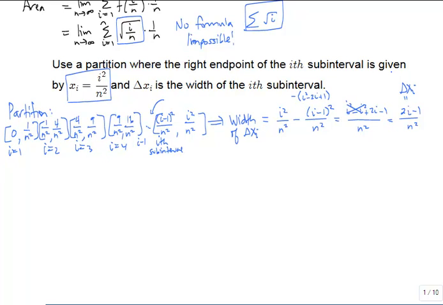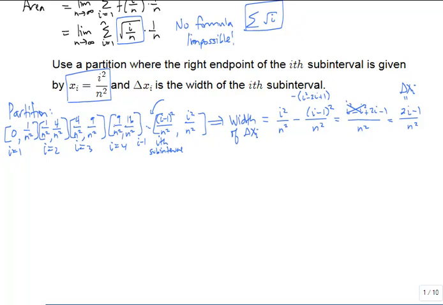So a couple of major differences here. If you look at these different partitions and these subintervals, this first subinterval has as its width 1 over n squared minus 0, which would just be 1 over n squared. This subinterval here has as its width 4 over n squared minus 1 over n squared, which would be 3 over n squared. This third subinterval would have a width of 5 over n squared, since 9 minus 4 would be 5.